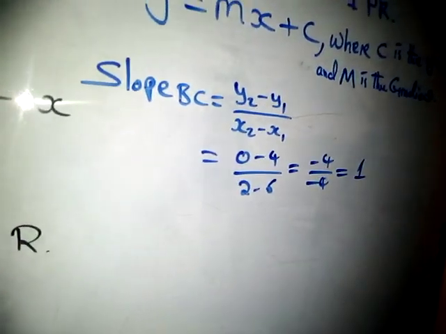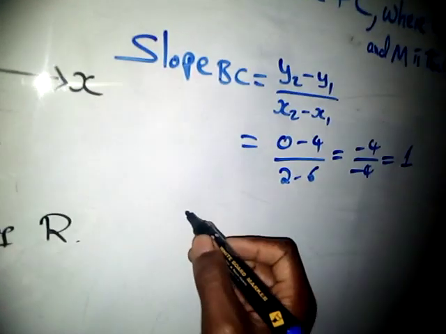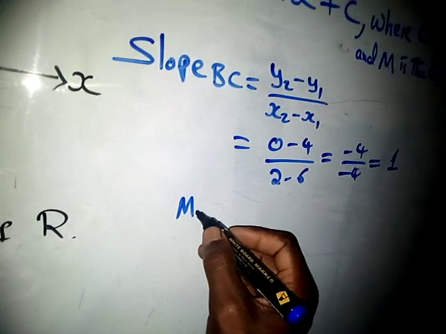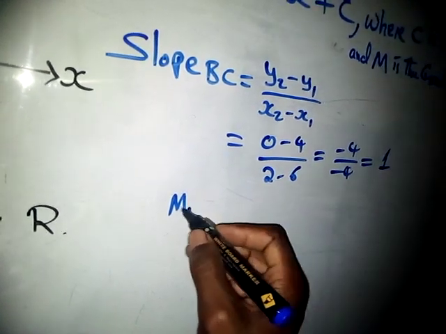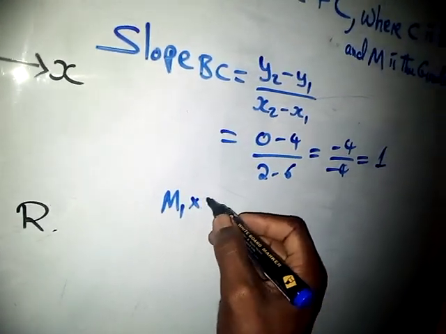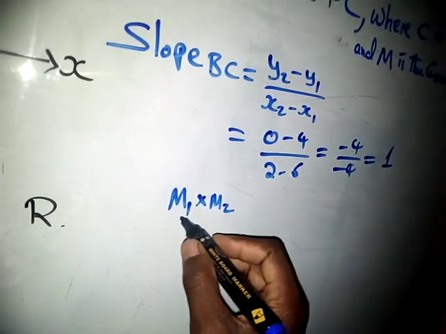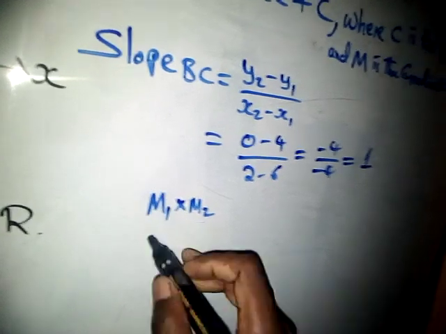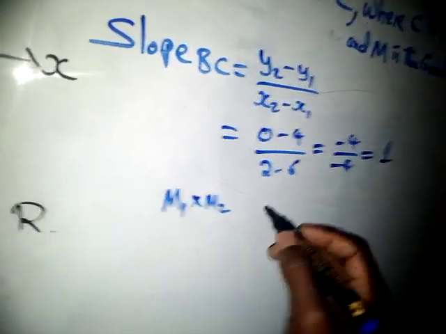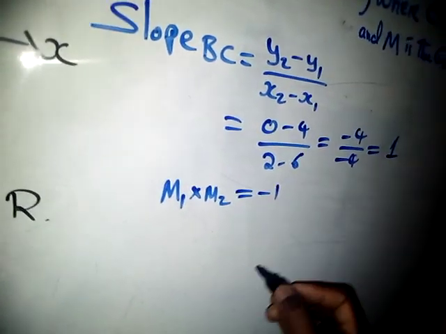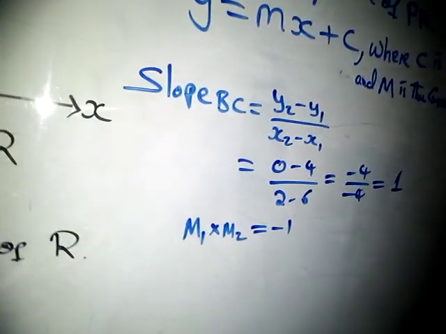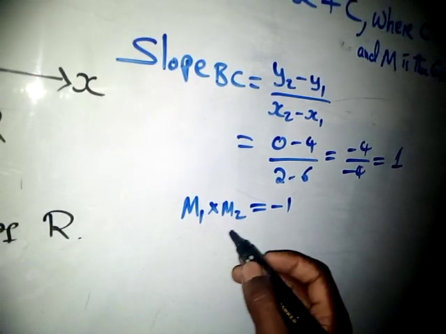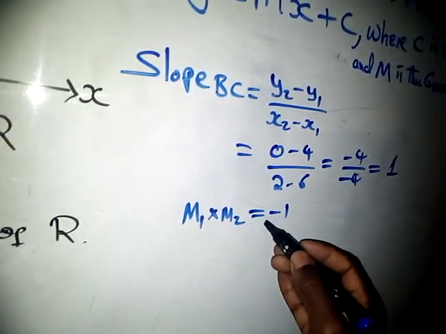Now we know from the formula that for any two perpendicular lines with gradients M1 and M2, the product of the gradients equals minus 1. We know the gradient M1 is 1, so to get M2 you simply negate it and it will be minus 1.